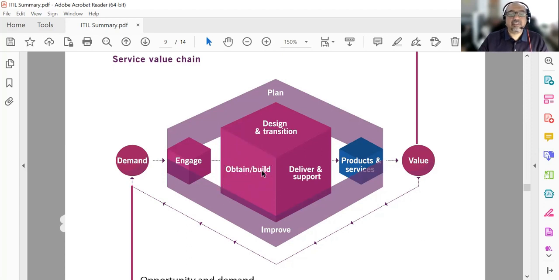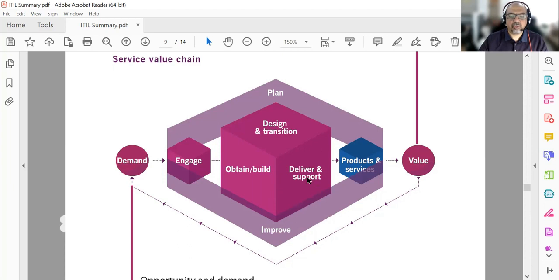We can obtain then customize this software and provide that to design. Once designing is finished, we will have the transition phase, testing to the live environment. Then we will deliver the new service. The new servers moved to the cloud, so we have the servers up and running. Good. What do we do after that? We will support.